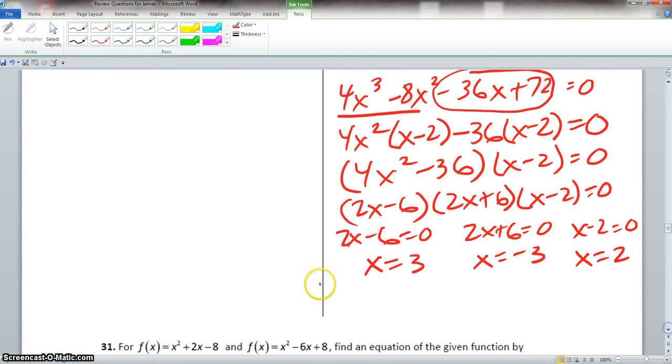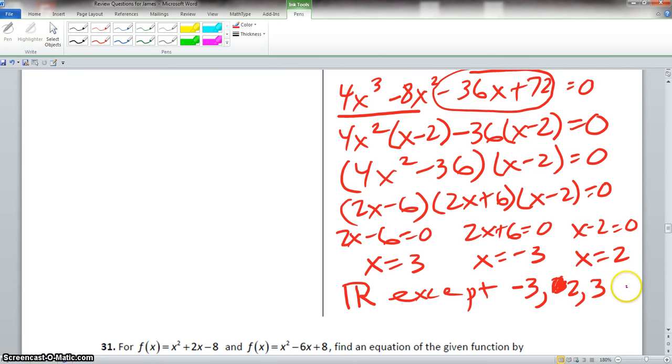So what you would write is, you could write the symbol for all real numbers, or you could write out all real numbers except, let's start off with the lowest, negative 3, 2, and then 3. So it's all real numbers except for negative 3, 2, and 3. And that is your final answer.